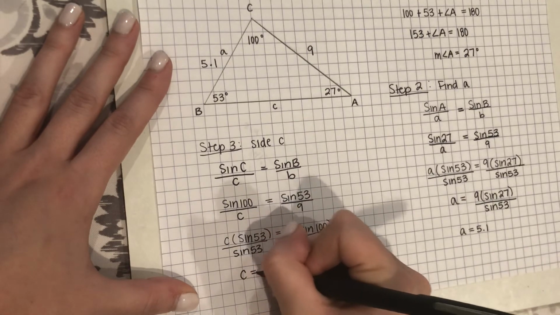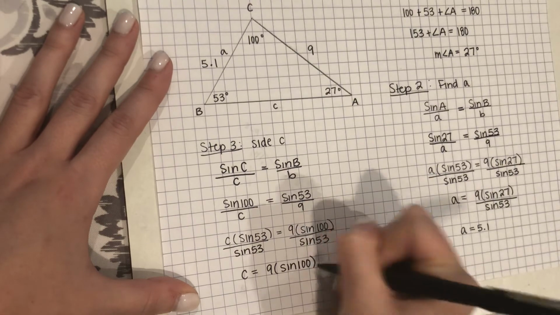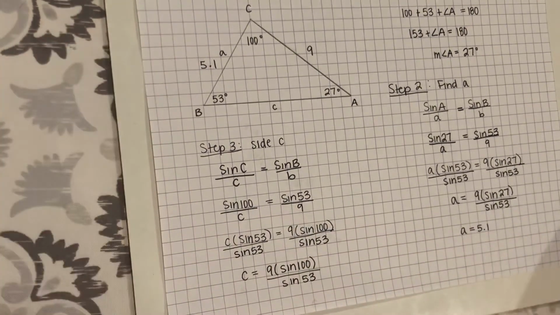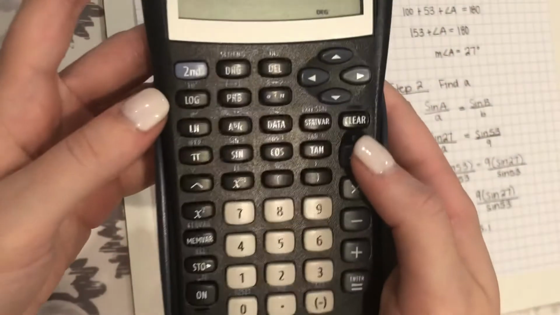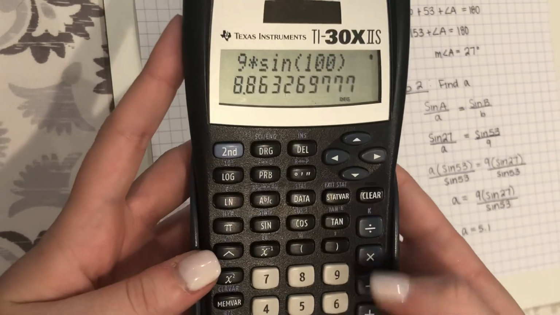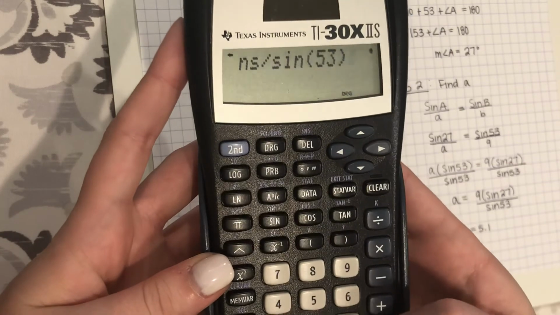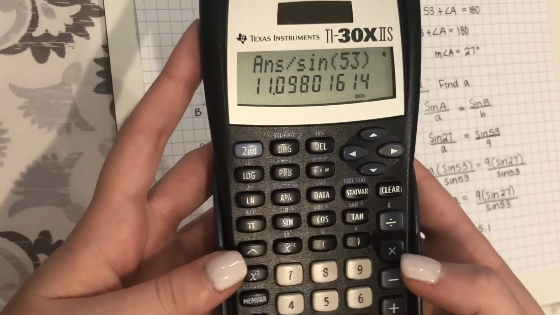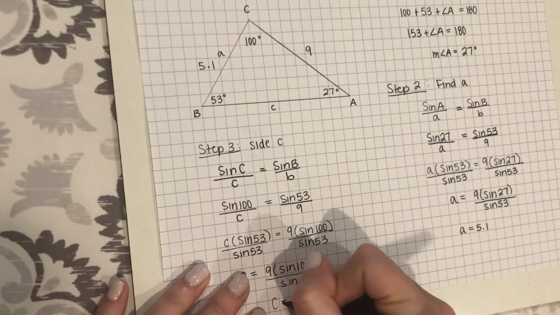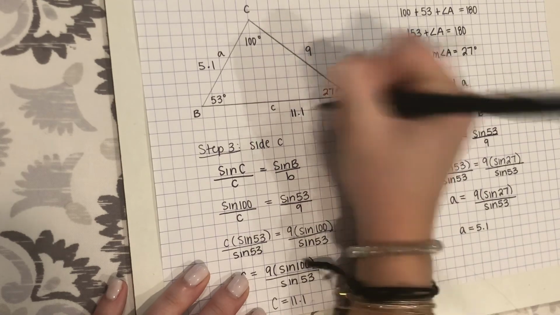I'm going to get C equals 9 times the sine of 100 divided by the sine of 53. Putting that into my calculator, 9 times the sine of 100 divided by the sine of 53, it's going to get me 11.09, which we can round to 11.1. You can label that in your triangle.